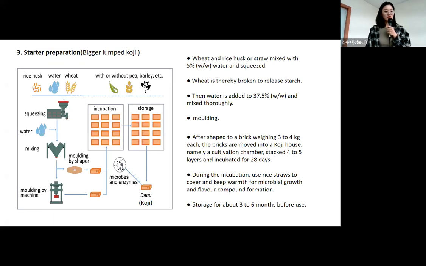The third part is starter preparation. This picture is the process of big lump koji preparation. First, wheat and rice husk are stored.